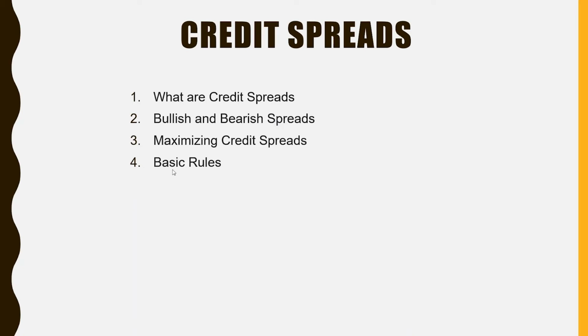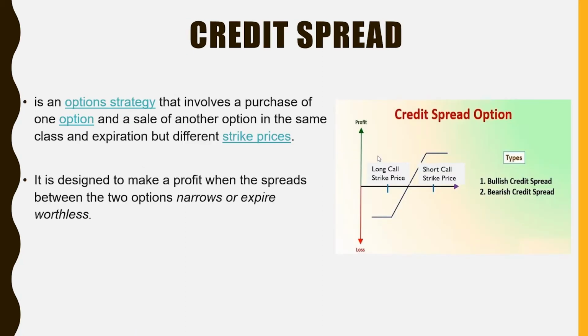And then there are a couple of basic rules. There are more rules for credit spreads, but I just list some very fundamental rules so that we can keep them in mind and remember them. As I mentioned earlier, if you have any questions, feel free to interrupt and ask away so that we don't forget about it. So let's start with what is a credit spread.